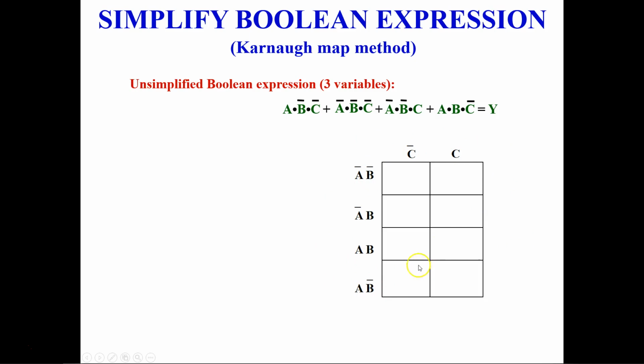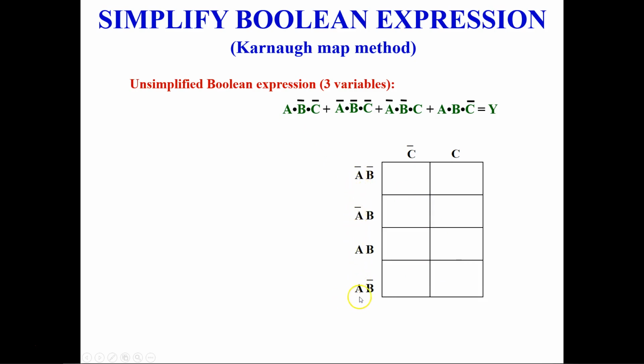Now, how do we fill in all these blocks which we see here? Let's see the first expression. We have A, B bar, C bar. So we will look for this in this table. Where do we have A, B bar?